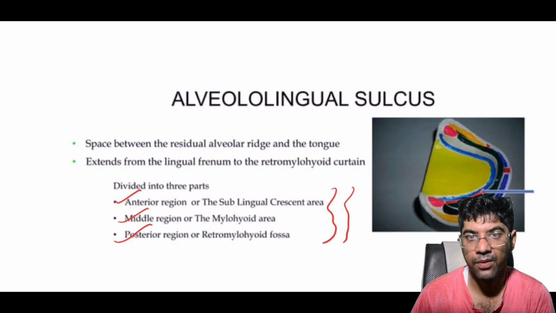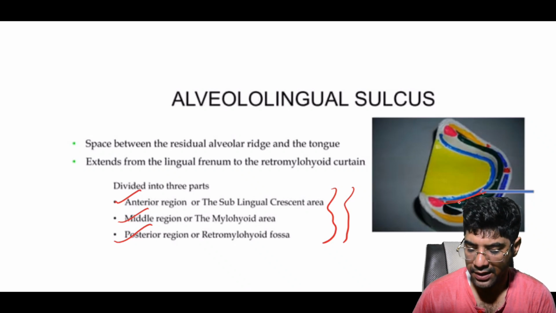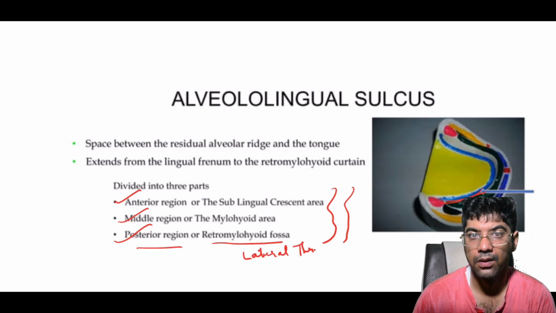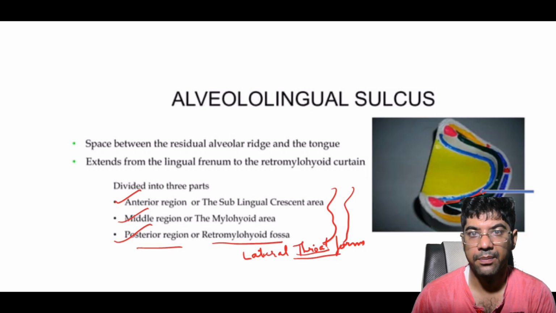So the anterior region is from the lingual frenum to the premylohyoid fossa, the middle region from the premylohyoid fossa to the distal end of the mylohyoid ridge, and the posterior region, remember, is also known as the lateral throat form, that is bounded by mylohyoid and other structures.